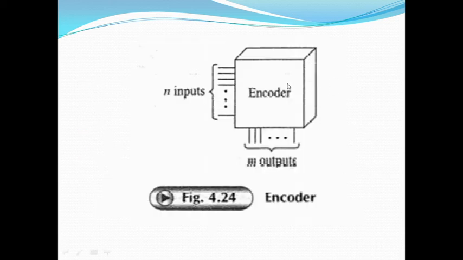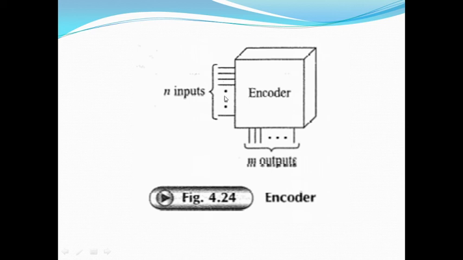So this is just a block diagram of an encoder. Here you can see that there are n input signals. Out of these n input signals, only one input is going to be active at a time. One of the inputs is either low or high, made different from the other inputs.